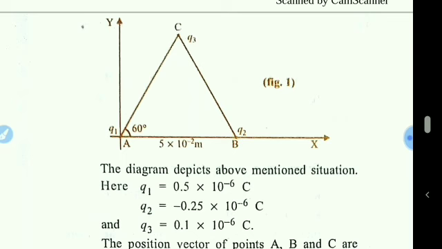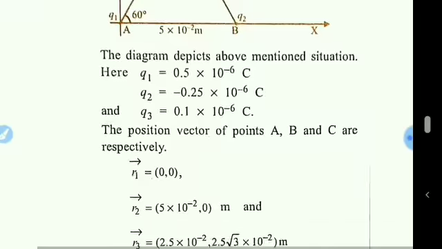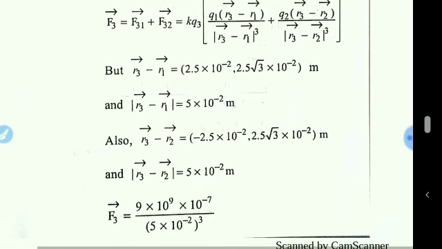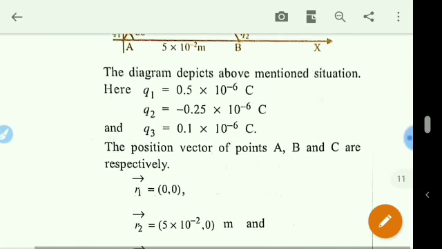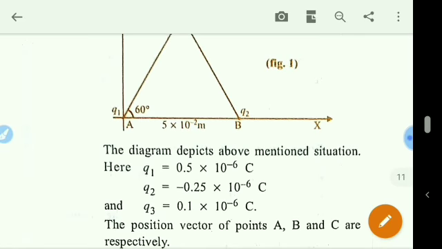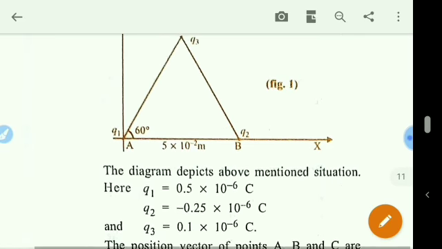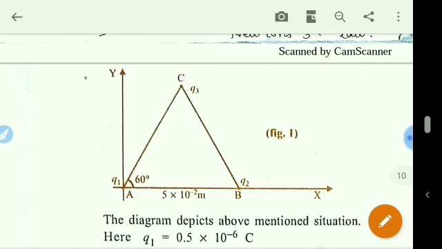So here also the solution is given to you, but you have to try this example on your own. You can use different methods for the solution of this example. If you have any doubt about this, you can ask me. So this is about the solution of test paper 1.